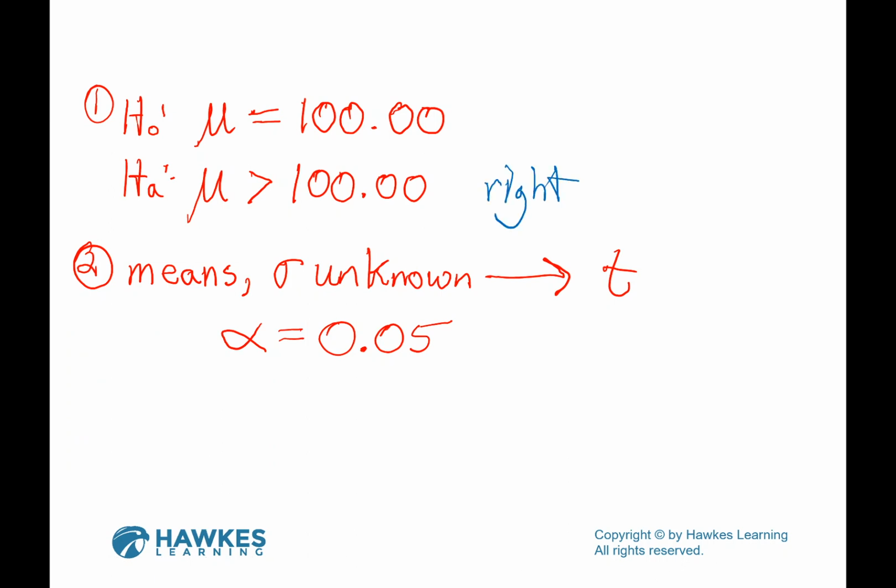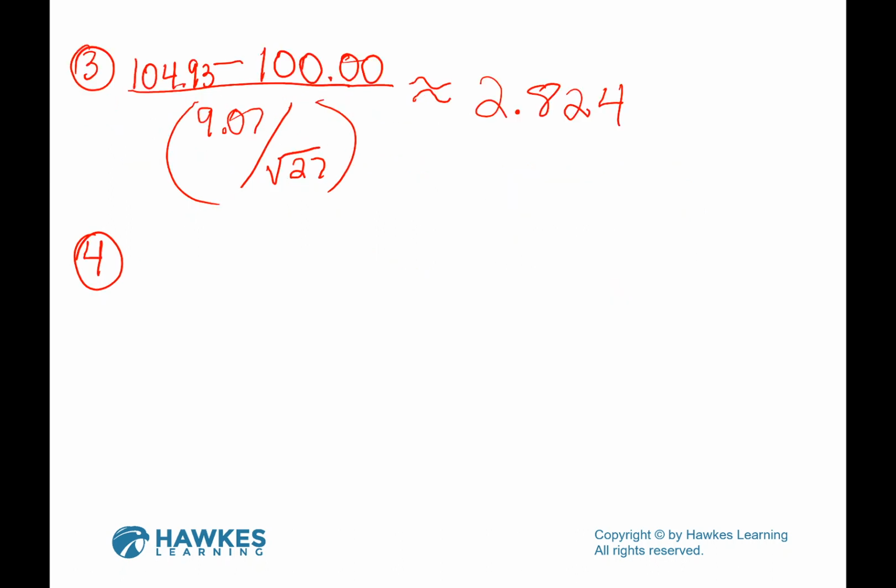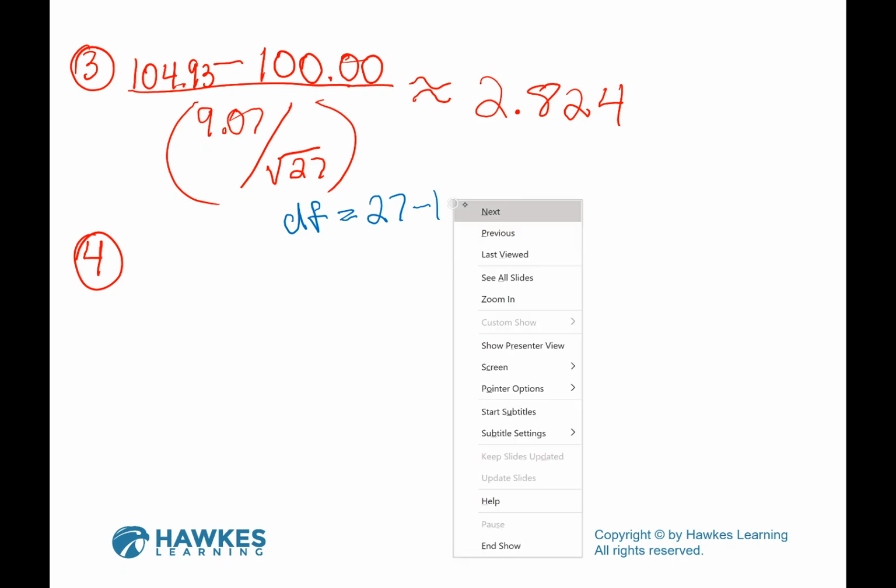We have a greater than symbol in our alternative hypothesis. We want an area of 0.05 in the right tail, so 0.05 in one tail. For degrees of freedom, we have 27 minus 1, so 26 degrees of freedom.